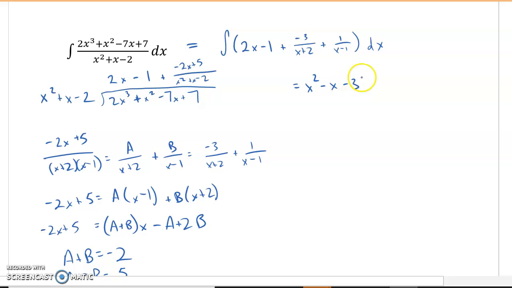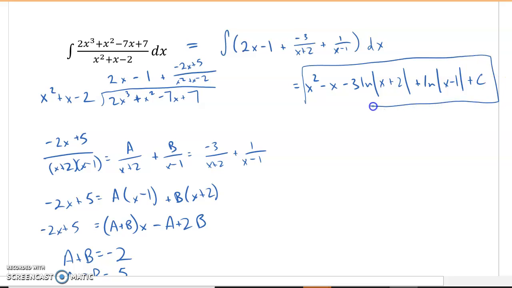We've got the natural log going on this next one. And since the derivative of each of these denominators is simply 1, we don't have to worry about any U-substitution or anything. So we've got our final answer. Unless you feel like condensing those logs, which I'm not going to bother, but you can if you like.